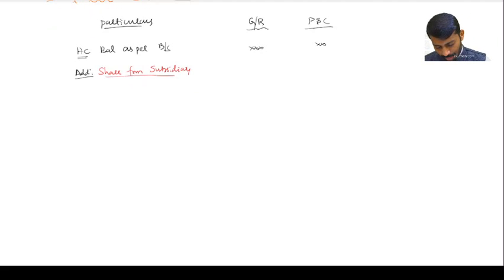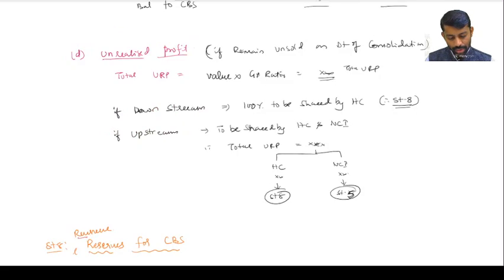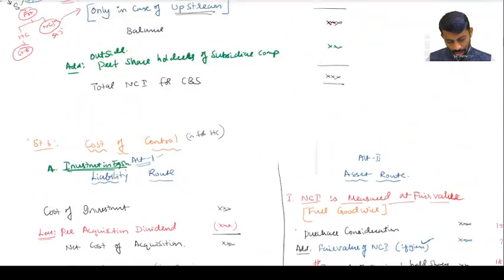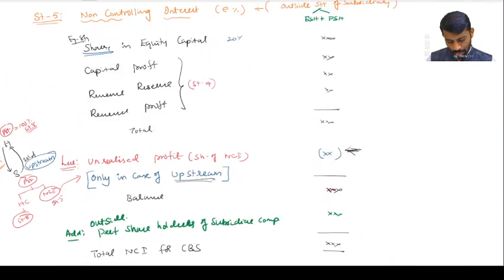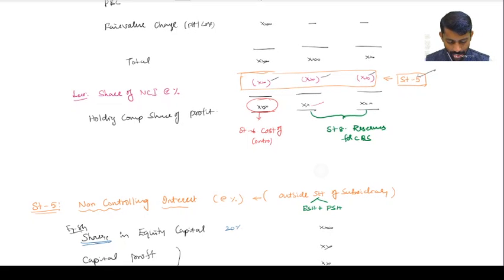Now here, share from subsidiary. Since we are in revenue reserves, because the capital portion, capital profit, we have already consumed in step 6 to analyze cost of control. So go and see in step number 4 in the earlier session what we have discussed. Share of non-controlling interest will go to step number 5 over. The holding company's capital profit will go to step number 6, already consumed. That means whatever revenue reserve and revenue profit we have there will go to step number 8.